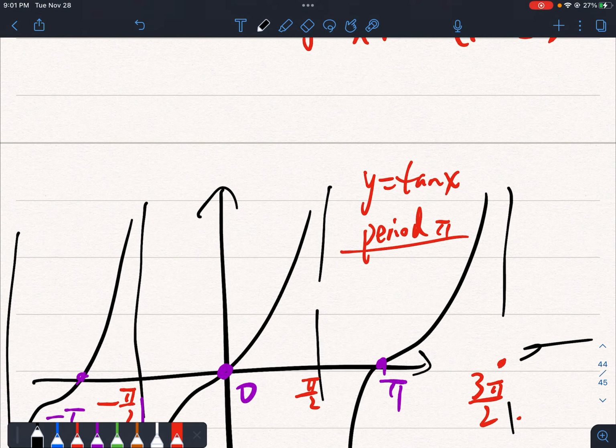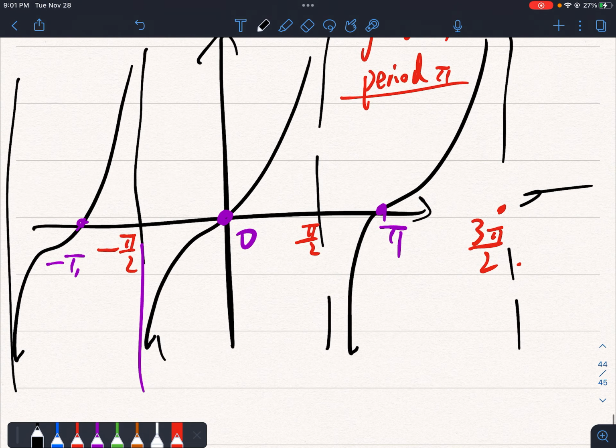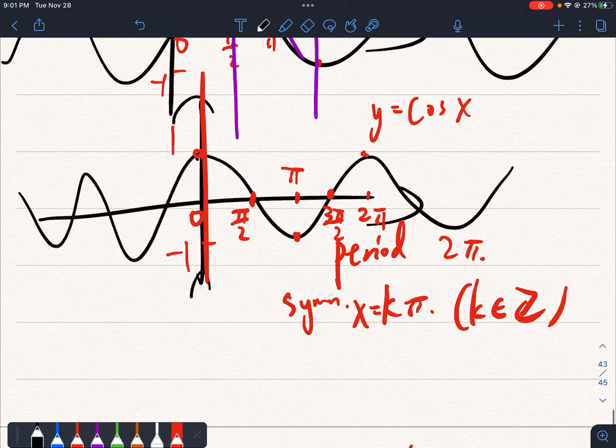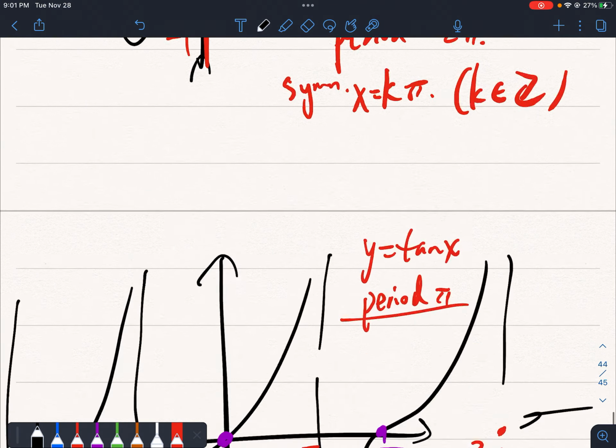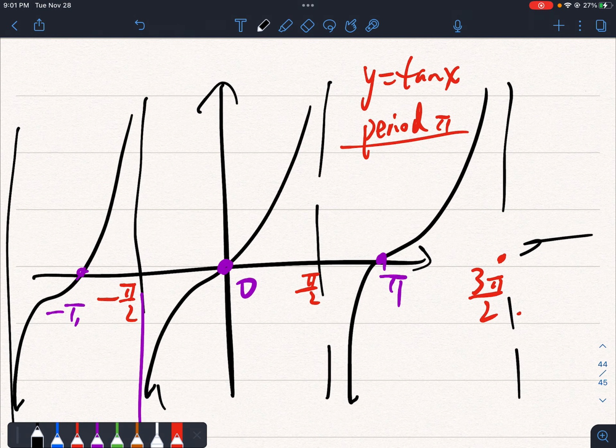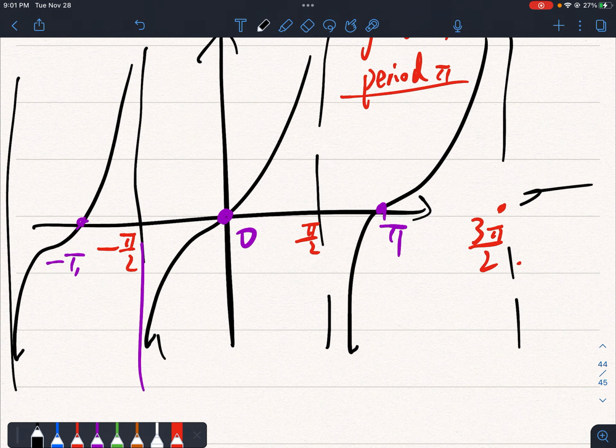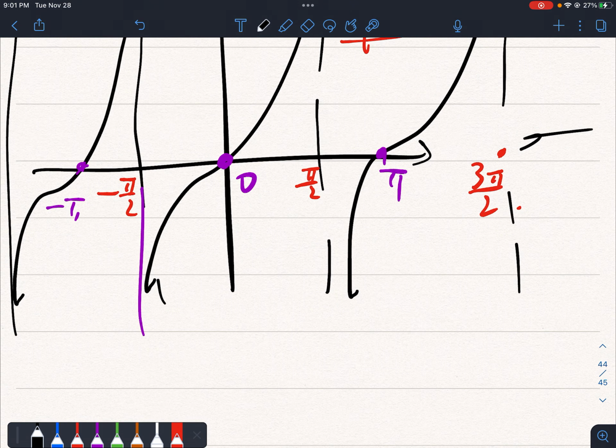So the point is that for this tangent function, or for sine or cos, they're still continuous, which means everything is continuous on their domain. For sine and cos, it's clearly defined on every real number, so the domain is the set of all real numbers. But for the tangent function, it's not defined at pi over 2 plus integer multiples of pi, where pi is the period.